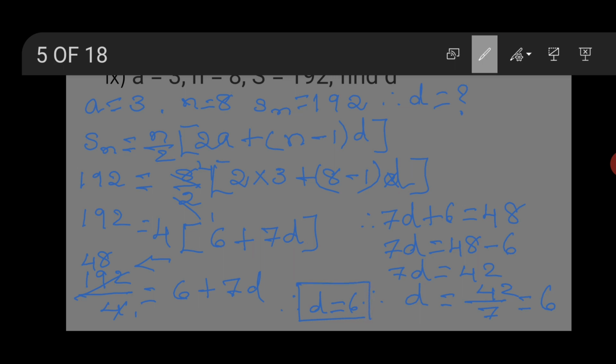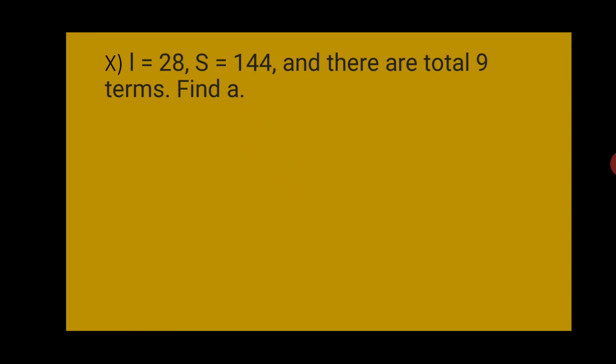Right? Now let us move to one more problem. Here l is given. l means what? Last term. l is equal to 28. Sn or S is equal to 144, and there are a total of 9 terms, meaning n is equal to 9. So what is the value of a? Find the value of a.